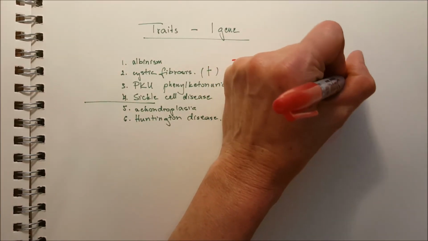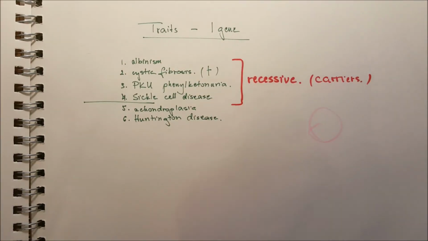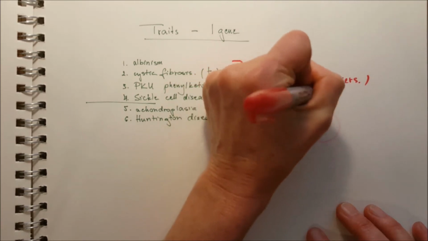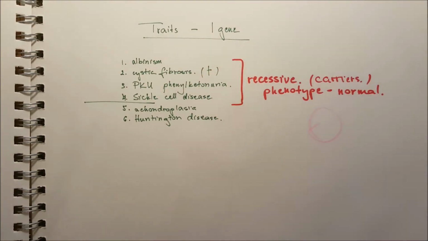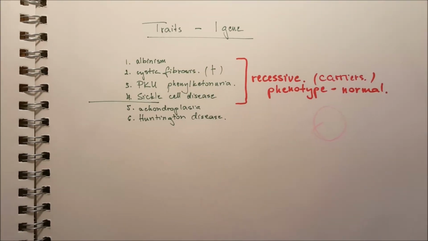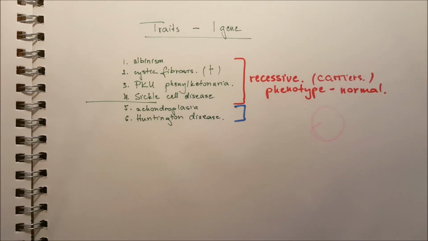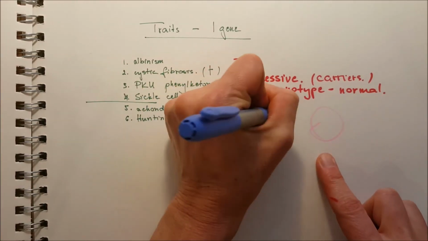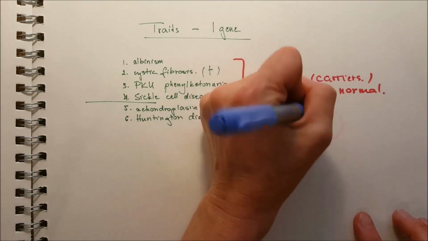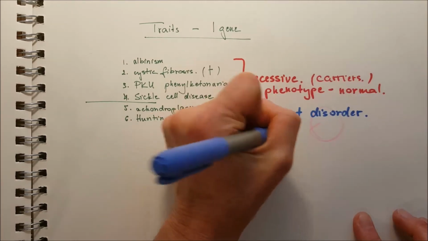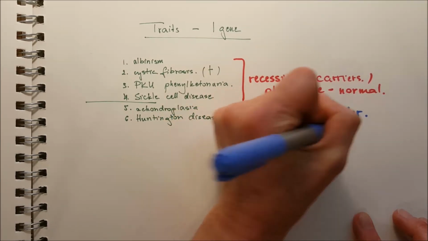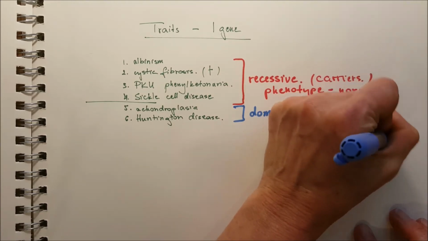That means 2 recessive genes have to be present to be lethal. If the person has 1 recessive gene, we call that person a carrier. The phenotype is normal, but with 2 recessive genes, the person will have a positive phenotype. That means the person will get sick.